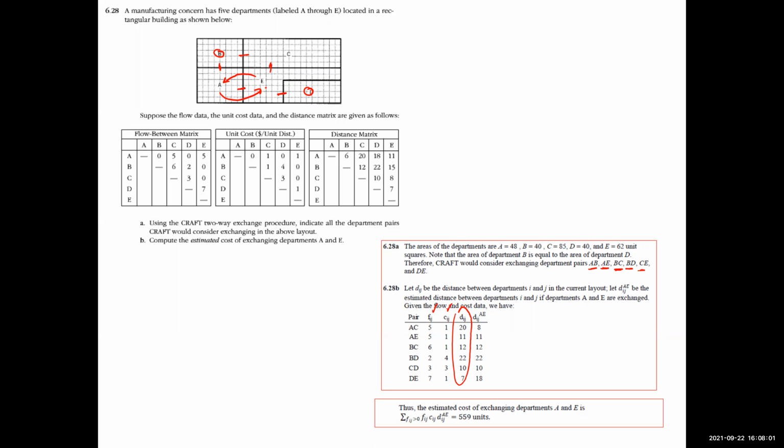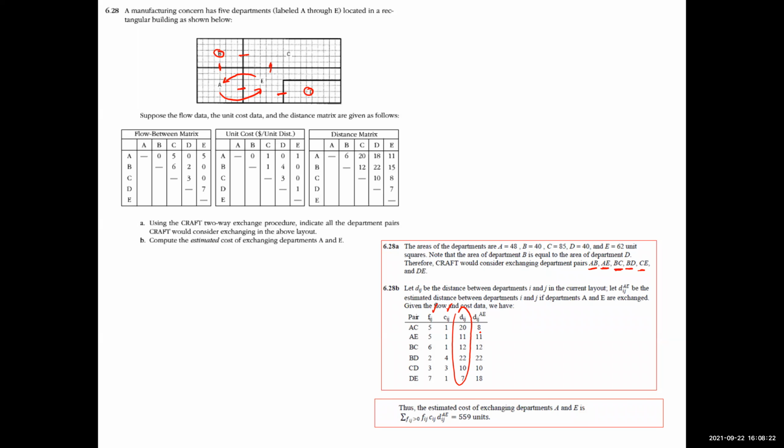Okay, so the distances that are going to be affected are those associated with this swap.